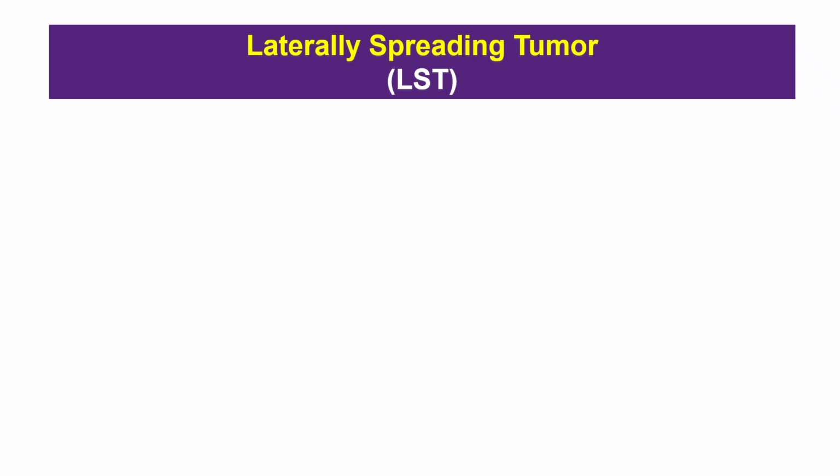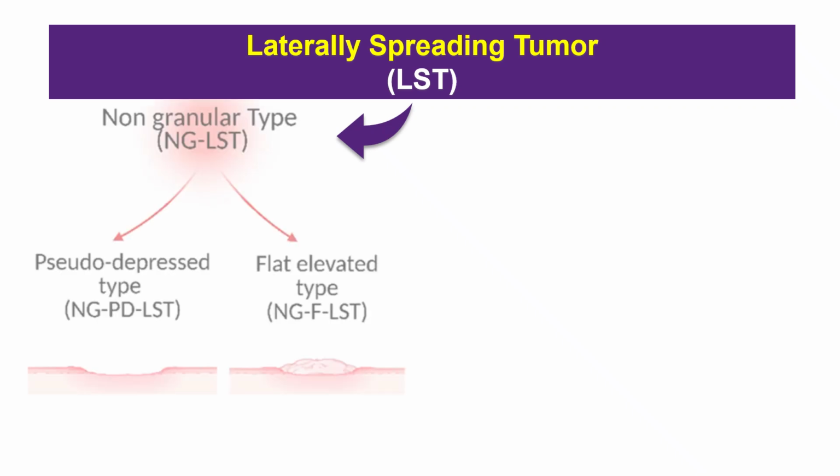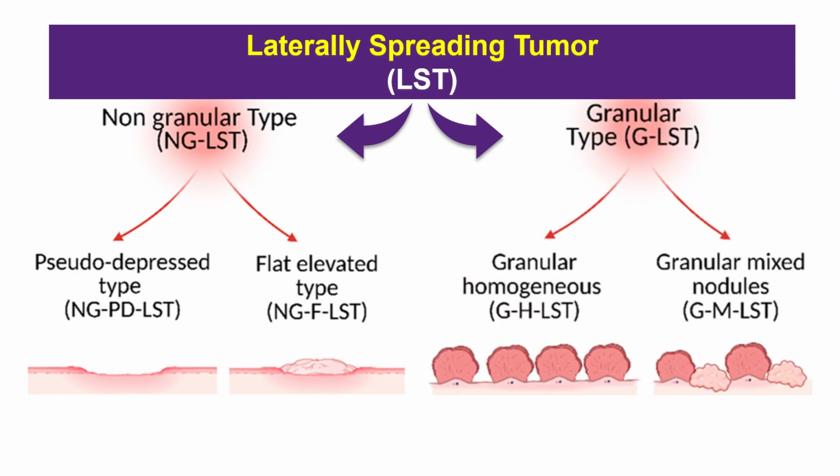The lateral spreading tumor is sub-classified into non-granular type or granular type. Non-granular type is subdivided into pseudo-depressed type or flat elevated type. Granular type is either homogeneous or mixed type.